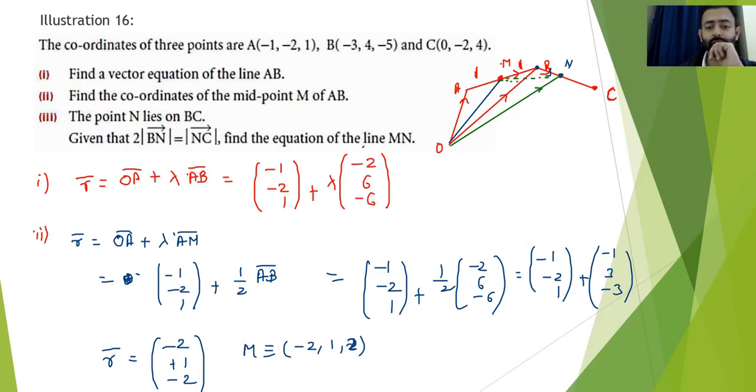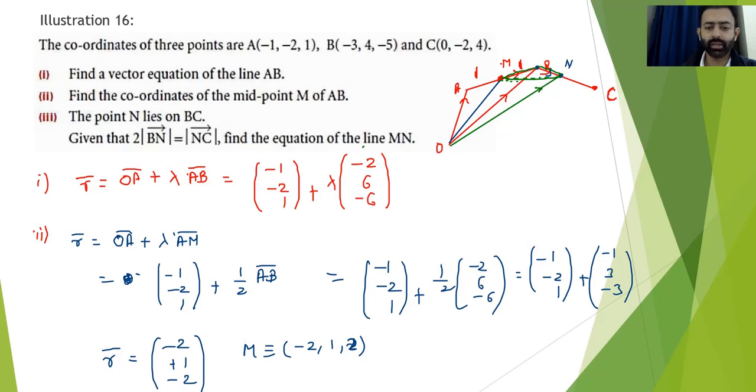So as you can see here, if you look closely, MN means I have to go from M to B and then B to N, right? Meaning the vector equation of line MN, just like I have expressed the vector equation of line AB, using the triangular law of addition. So for this small triangle, this triangle MBN, I have to apply the law of addition. OM plus lambda times MN will be ON.